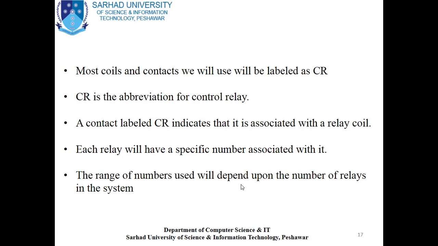So it is very important to note that we shall give a number to the specific relay, either 1, 2, or 3. In this way, the programmer can know the specific relay, and we can use this specific relay in the programming. Switching to the next slide.